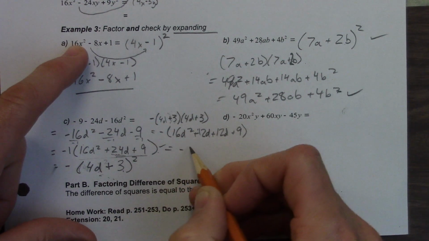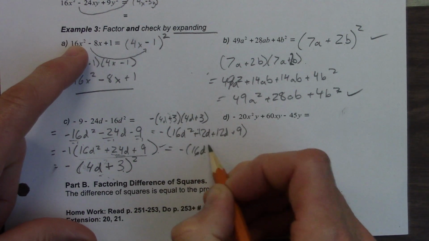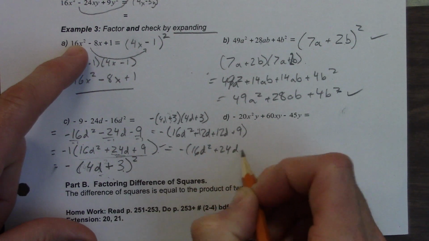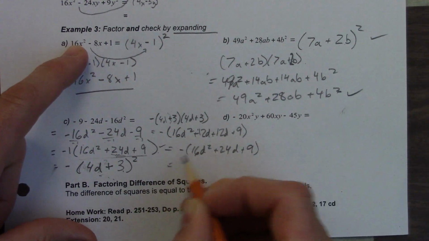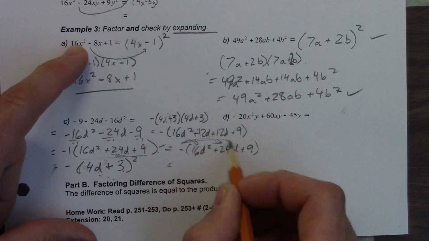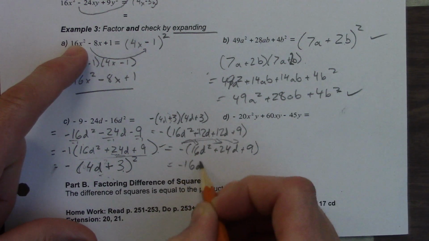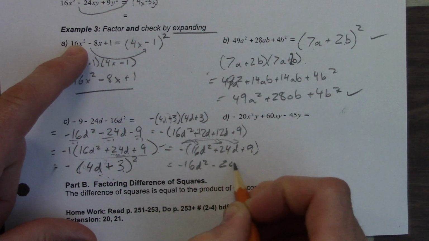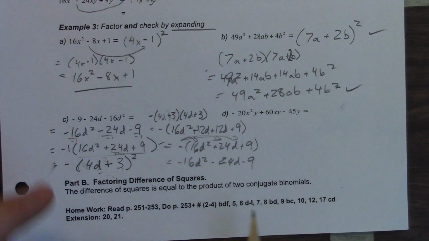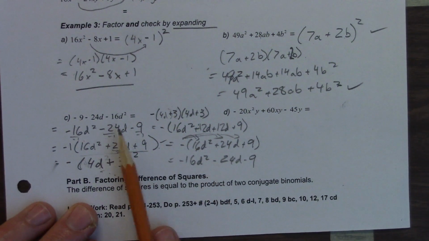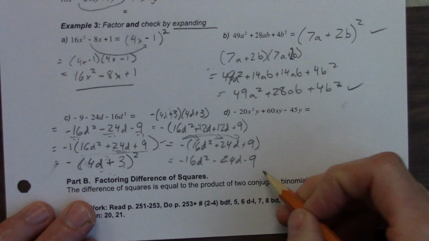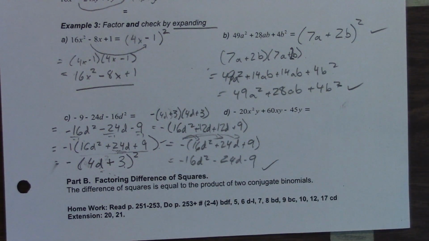And it gives me negative 16d squared plus 24d plus 9. And now I distribute that negative sign to each term, and I get that, which is that. So it worked out. Okay? Any questions there?